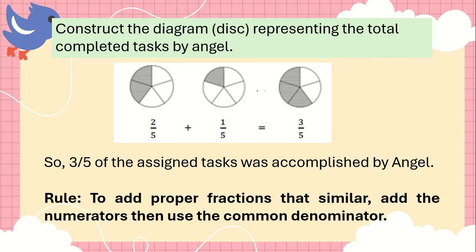Construct the diagram representing the total completed task by Angel. As seen in each figure, 2/5 plus 1/5 equals 3/5. So, 3/5 of the assigned task was accomplished by Angel. Remember the rule: to add proper fractions that are similar, add the numerators, then use the common denominator.